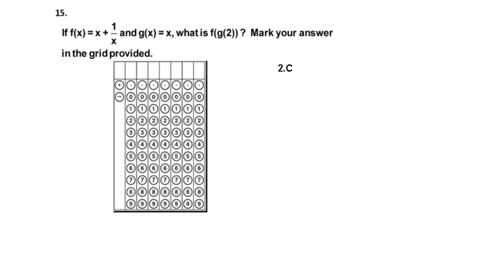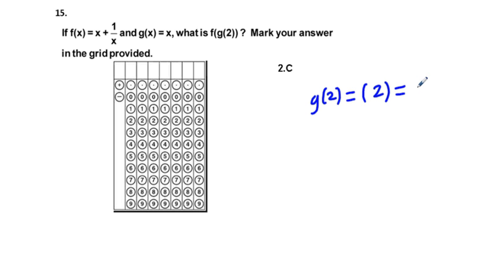Next, 15, the free response problems. I promised you you're going to have one like this: if f of x equals x plus 1 over x, and g of x equals x, what is f of g of 2? First of all, we have to find g of 2. For g of 2, we take that x and replace it with 2, because g of x equals x.